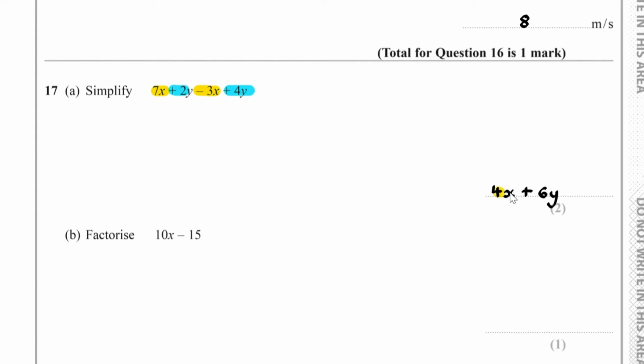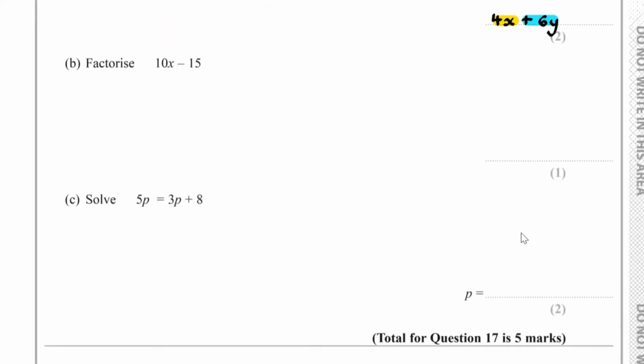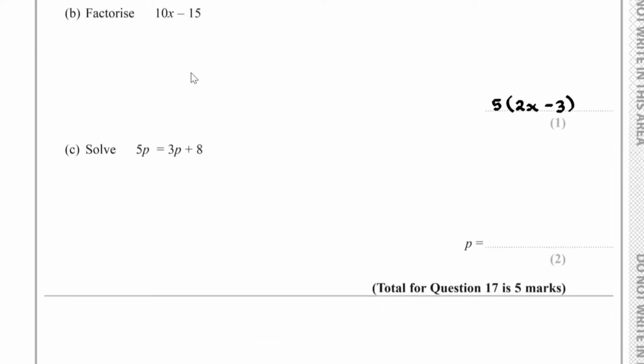So we have 4x plus 6y. For part B, we have to factorize 10x minus 15. Well, what's the highest common factor of 10 and 15? That will be 5. And then inside the bracket, 5 times 2x will give the 10x, 5 times minus 3 will give the minus 15.